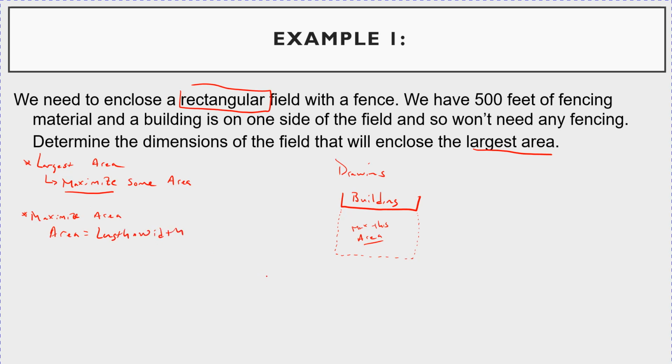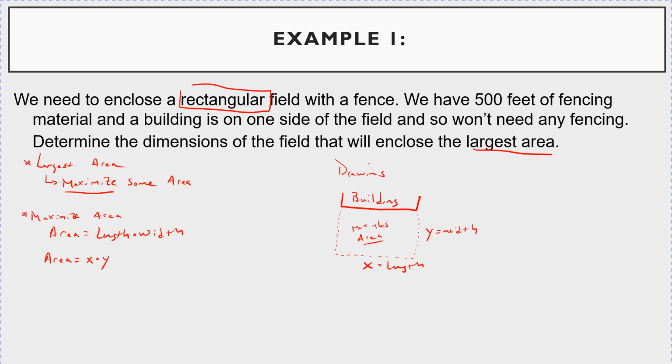I'm going to label the length variable as x and the width variable as y. So the area formula is just equal to x times y.